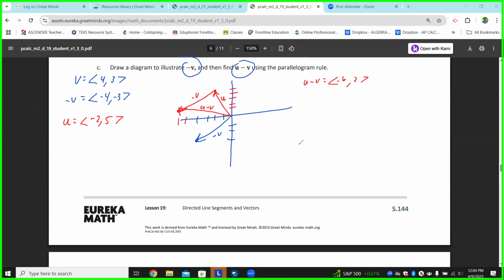That's how I got to this point. This would be the u minus v, so this would be the answer I was looking for. That would be the vector, which is the direction, and it would give you the distance, but you would have to do the square root, which we don't need. We just really need the direction.